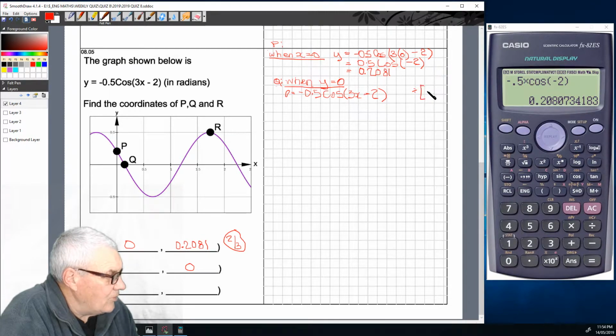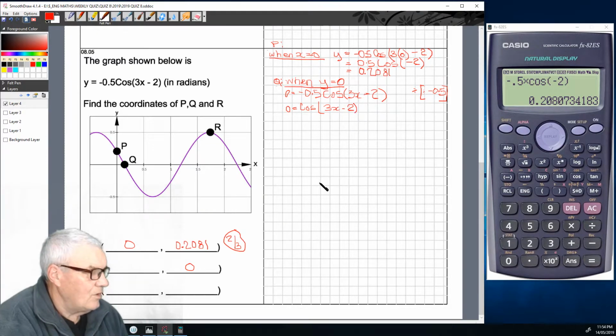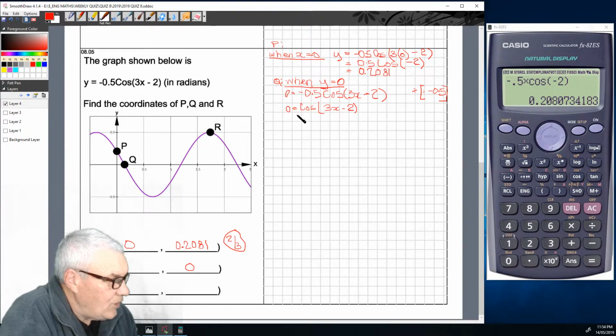And that's going to give us 0 equals cos 3x minus 2.